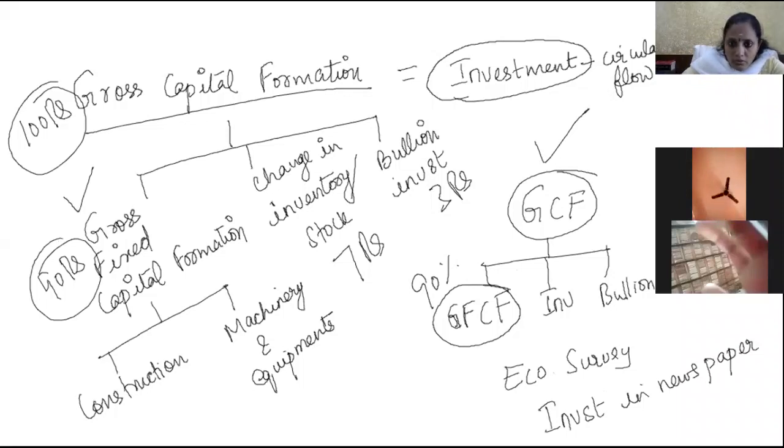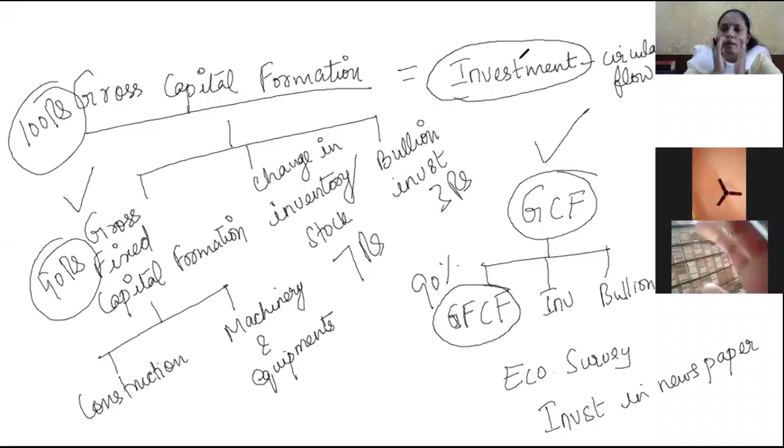What is change in inventory or stock? It means smaller equipment which will be there for lots of businesses. It is not like a bigger machinery which you have to buy, right? I gave you an example for our education sector: buying a stylus pen, a hard disk, a CD, or a pen drive.